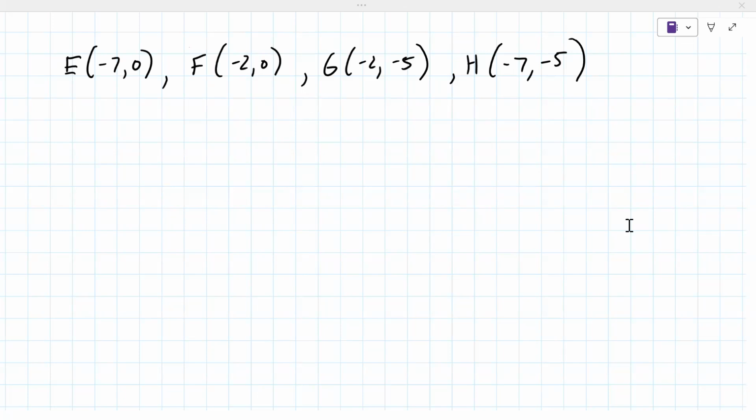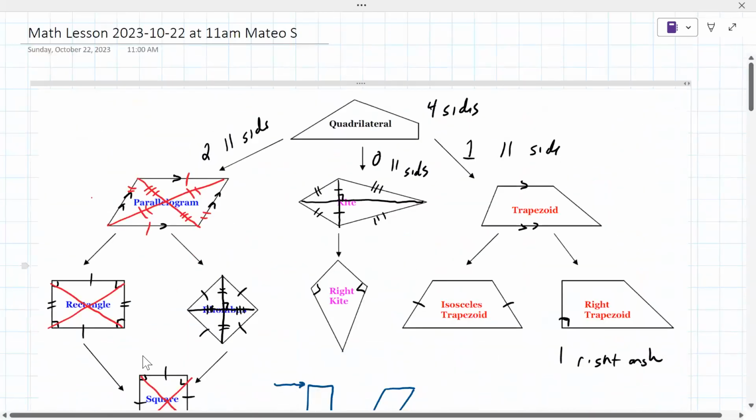Okay, so what do you need to prove for something to be a square? Let's go back and look here. A square is a parallelogram. So what's the first thing you have to do to prove it? We need both opposite sides congruent. But you need a little bit more than that. What else do you need? Every square is a parallelogram, so what's required for it to be a parallelogram?